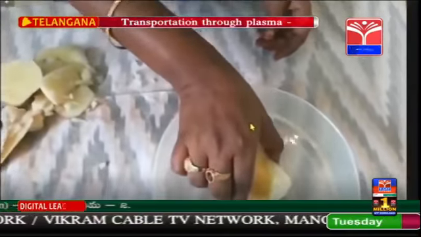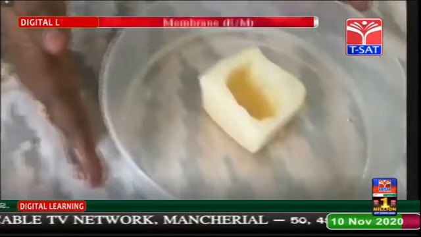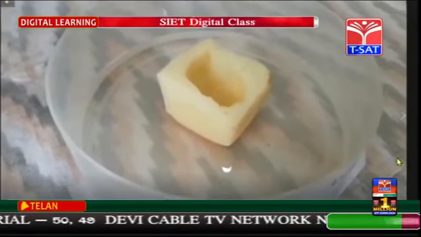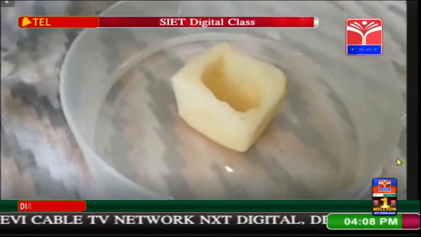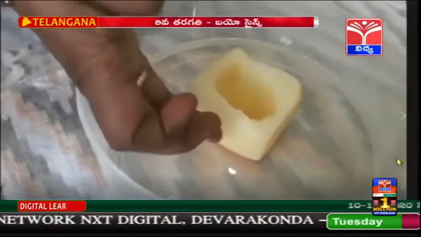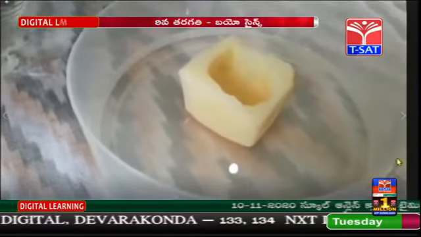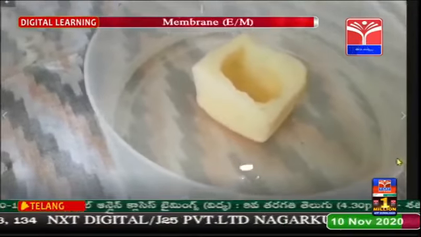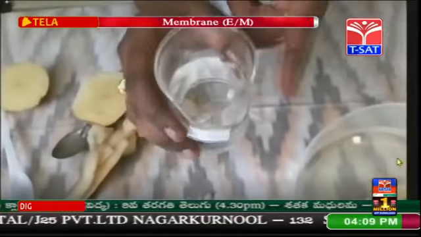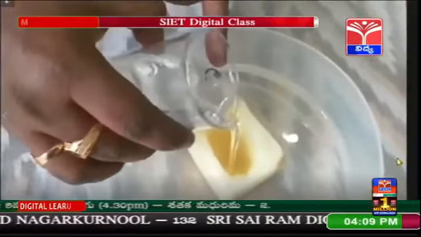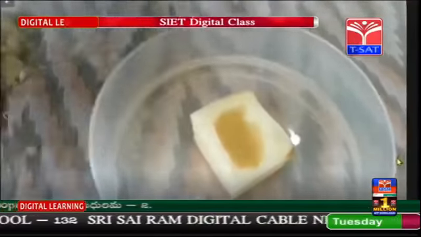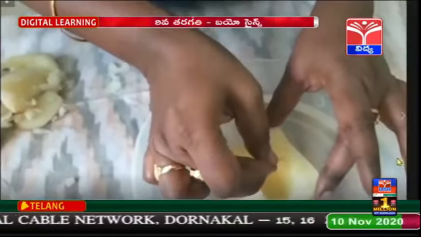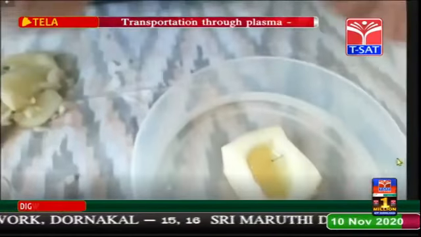Now keep the potato cup in the trough which is filled with the sugar solution. Now we need to add some more sugar solution to the height of half of the potato cup. Yes, half. Now take some water and pour it in the potato cup. Now pierce a pin to know the level of the water in the potato cup.